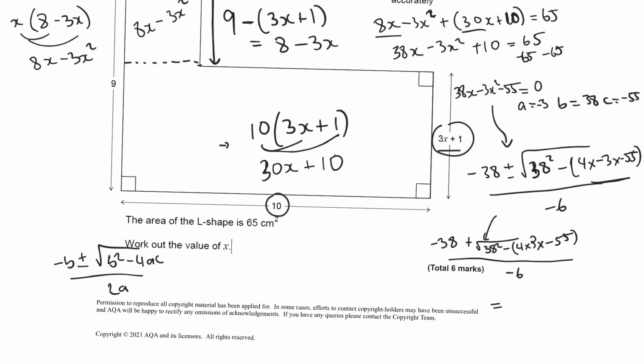But because I'm dealing with length, you can't really have a negative length. So that's why I'm using the plus one. So if I put that all into my calculator, I should get an answer of 5 over 3. So then 5 over 3 is my value of x.